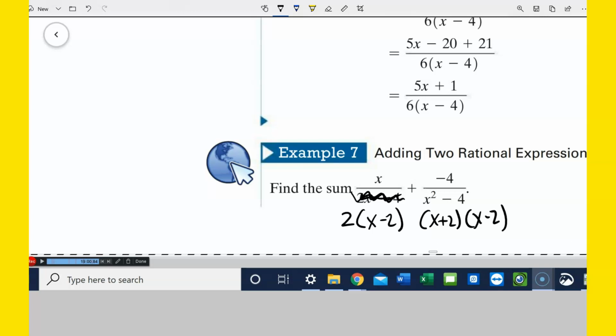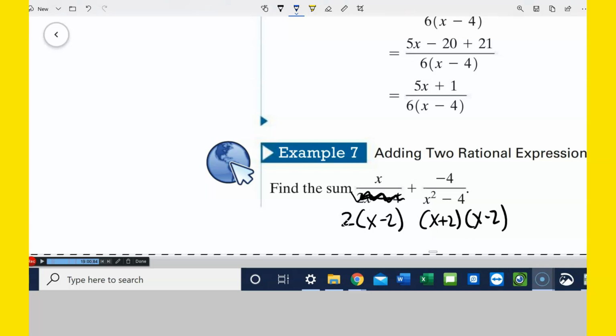That has helped me because now I can see that x minus 2 is already the same. So I'm not going to have to worry about doing anything with x minus 2 because that's already the same. But I'm going to have to do something with that 2 and with that x plus 2. What does this denominator have that this one does not have?